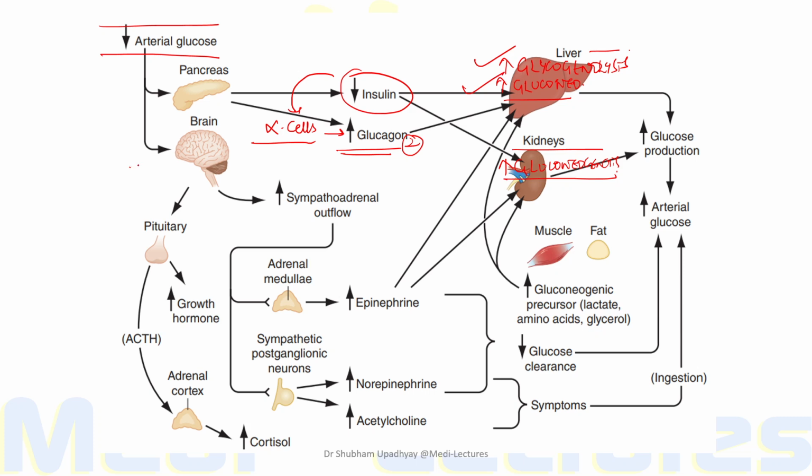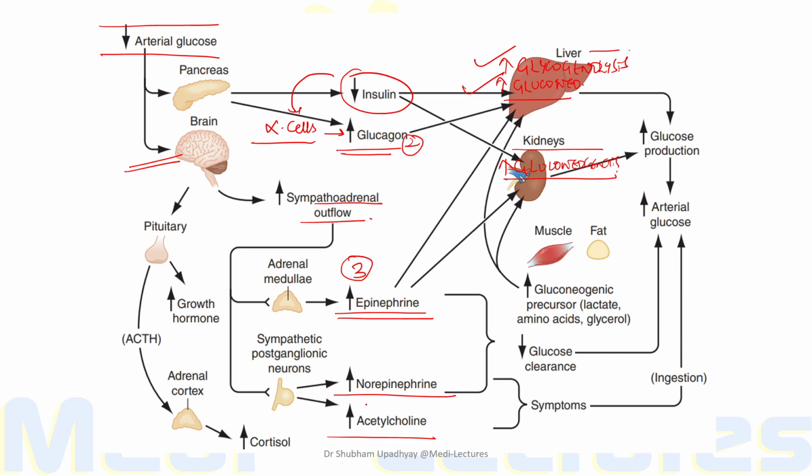At the same time, brain will increase the sympathoadrenal outflow. This will stimulate adrenal medulla to release epinephrine. In sympathetic postganglionic neurons, there will be increased norepinephrine as well as acetylcholine. So this increased epinephrine is the third defense against hypoglycemia. This will again act on liver, kidney as well as peripheral tissues.